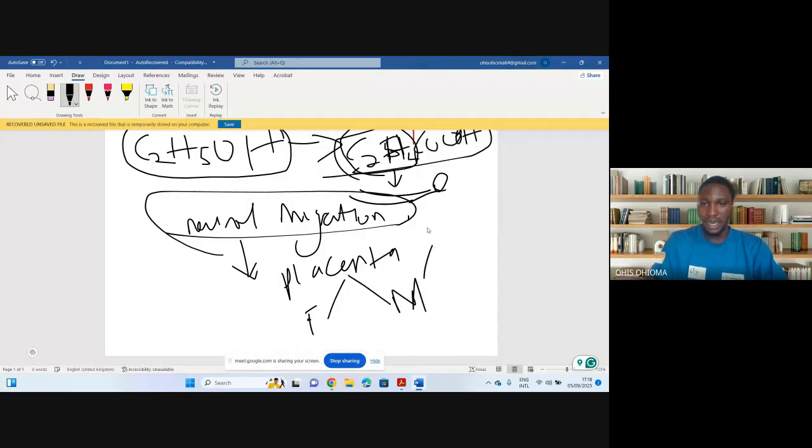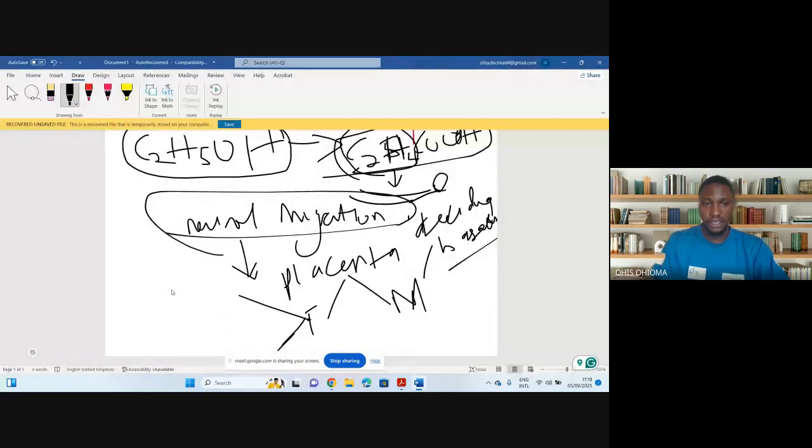The maternal part is mainly contributed by the decidua basalis, right? And then the fetal part is made up of two structures.